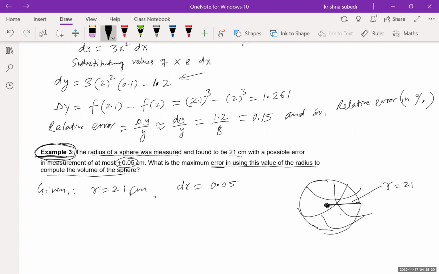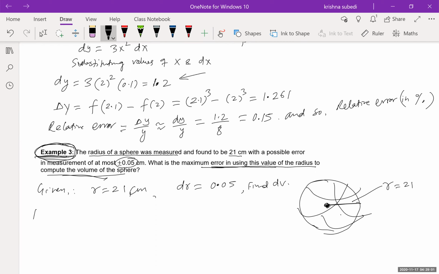That is your change in r. Now we want to find the maximum error in using this value to compute the volume. What will be the change in volume when there is a change in radius by 0.05? That's what we want to find, so we want to find dV.